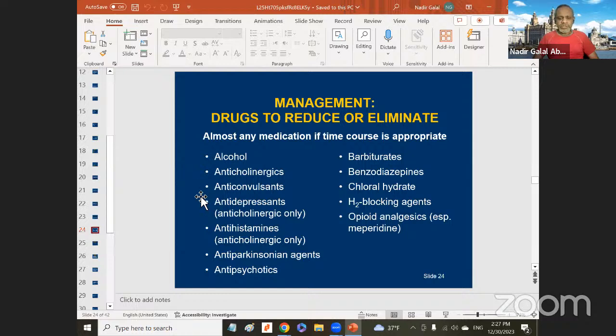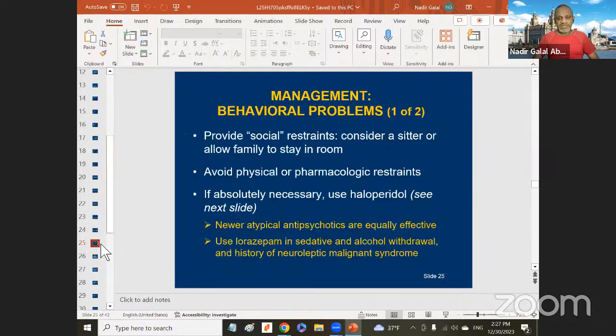So you want to use it appropriately. You don't want to put the patient on physical restraints or pharmacological restraints.